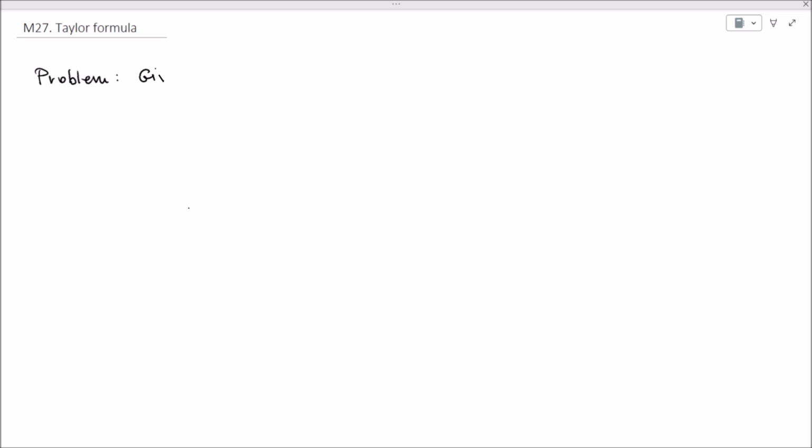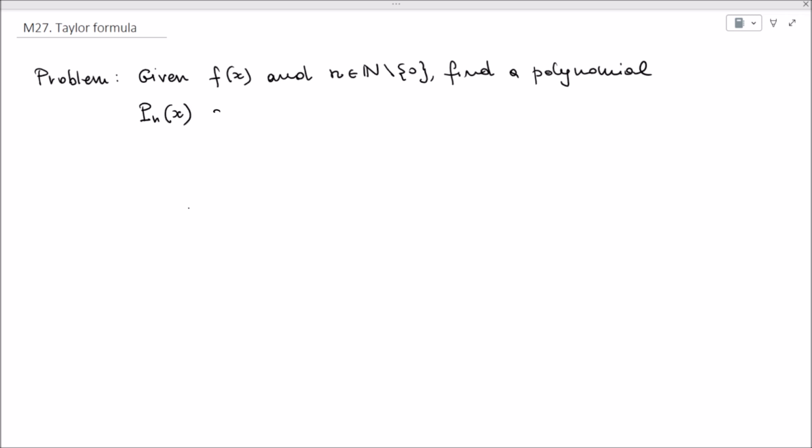Given a function f of x and a natural number n except 0, find a polynomial P n of x such that this polynomial has the following two properties.